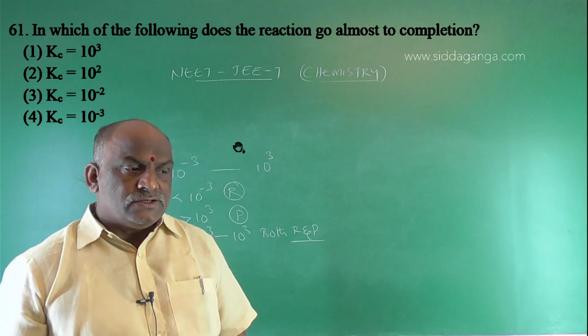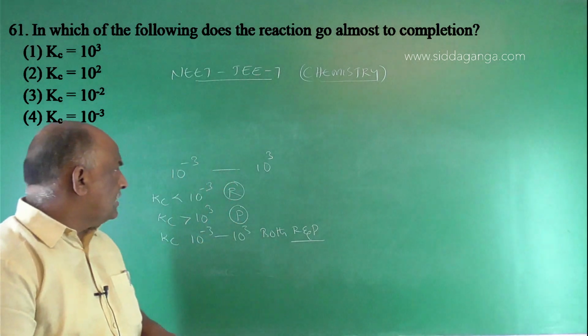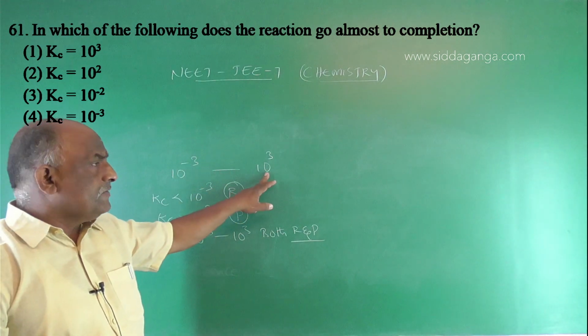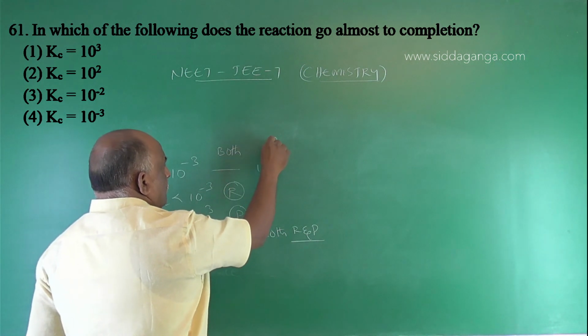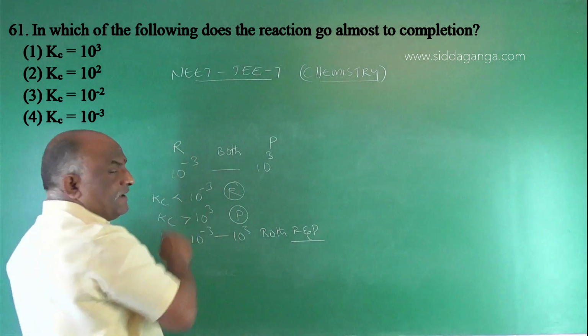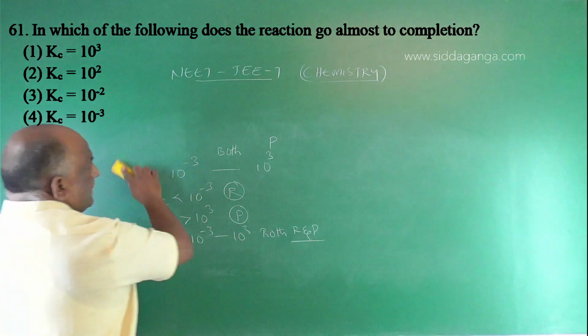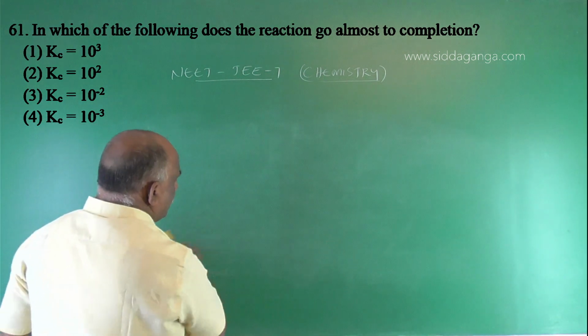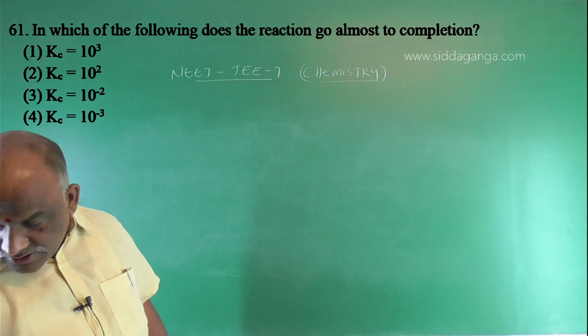For 10 power minus 2 or 10 power 2, both are present. So you should follow this condition. Here the option is 10 power 3 because the reaction is almost completed.